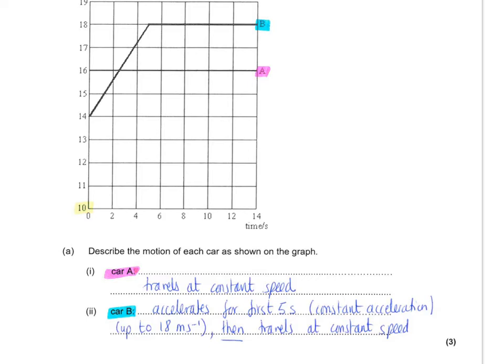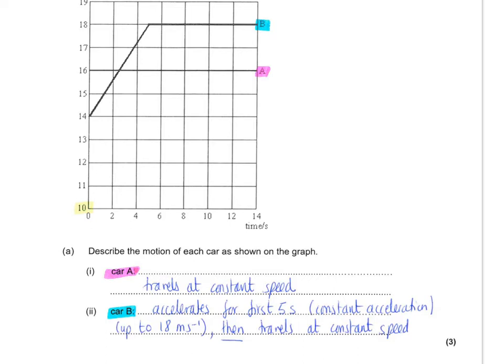So first of all, the car accelerates for 5 seconds, and you know, because this part of the graph is a straight line, that it must be constant acceleration. It accelerates up to a value of 18 meters per second. After 5 seconds, it then travels at constant speed.